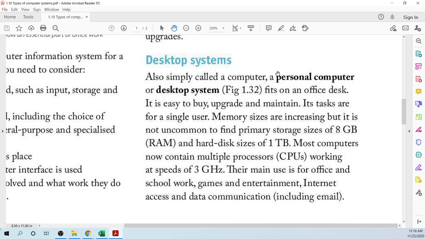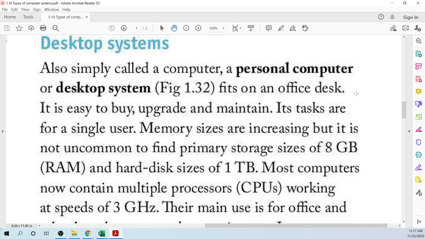Now, the desktop is also called a personal computer because in most cases, it's only one person making use of it at a time. So that's why it would be considered a personal computer. It usually fits on an office desk, whereas a mainframe computer would need an entire building. So you can see the difference there in size.